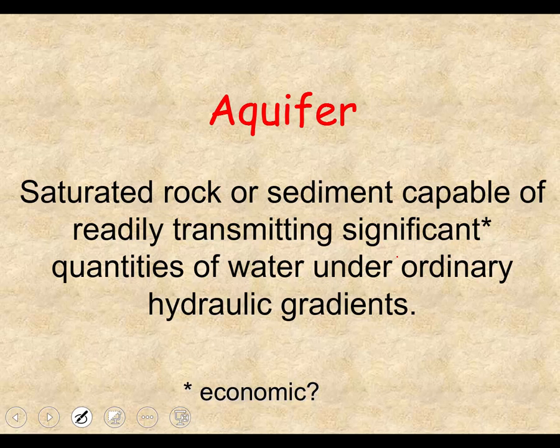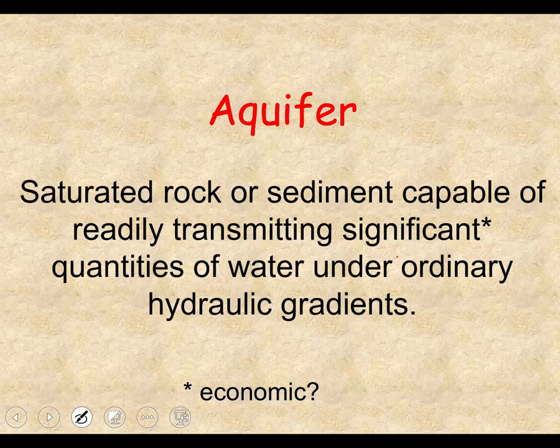On the other hand, if you are the city of Houston or wherever, you need a large volume. That little piddling amount that'll keep that cabin going is not nearly enough. So you would have to have a much higher hydraulic conductivity to be an aquifer. So an aquifer is defined in part on how it's going to be used.